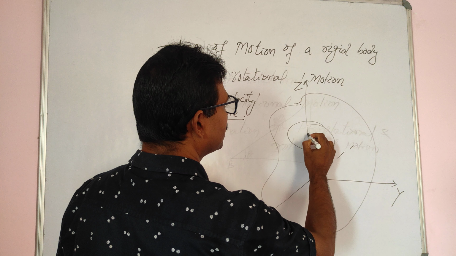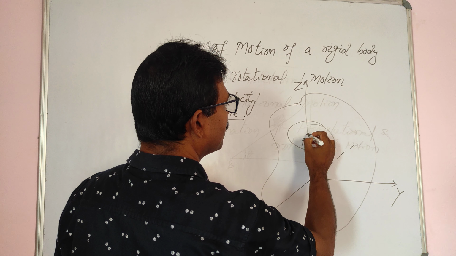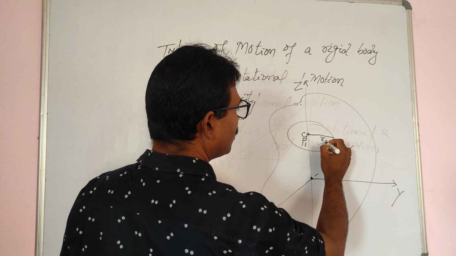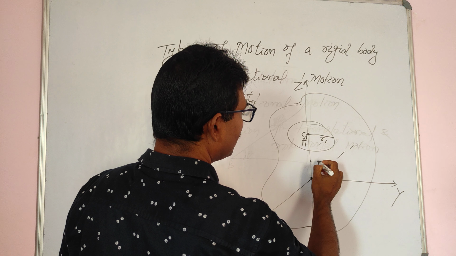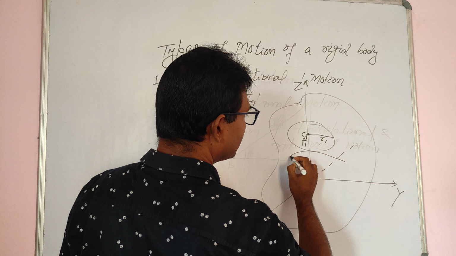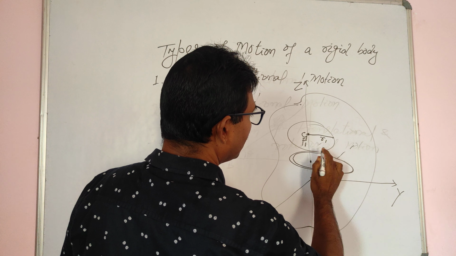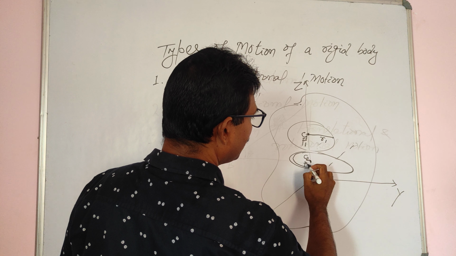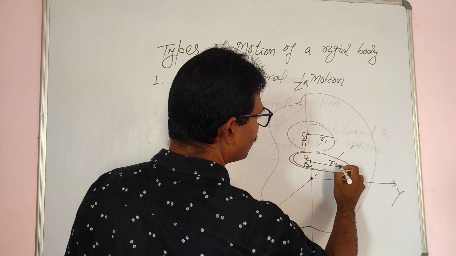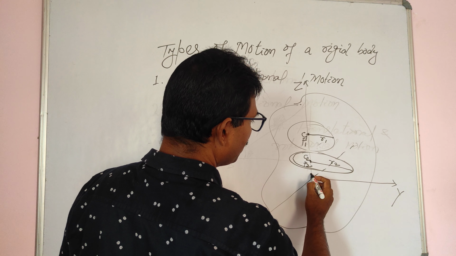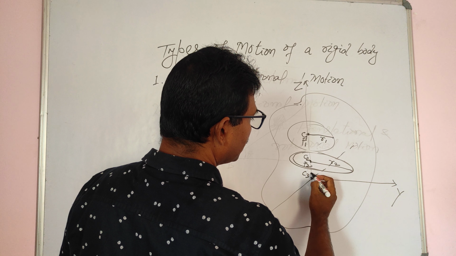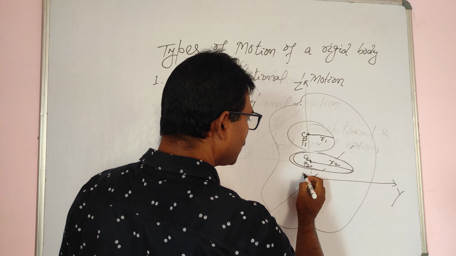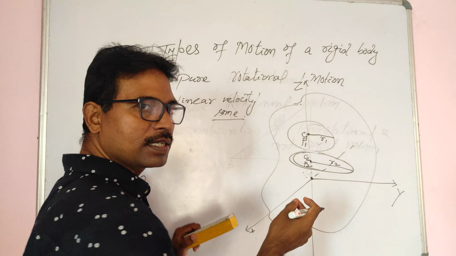This is particle 1, with center C1 and radius r1. This is particle 2, with center C2 and radius r2. And suppose C3 lies at the center, so the radius is 0.